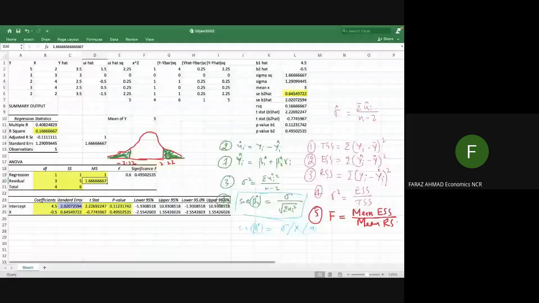Number 5, F statistic is equal to mean ESS divided by mean RSS, right? So what are we getting by taking this ratio? Basically, we are trying to see, compare the ESS with the RSS, right?